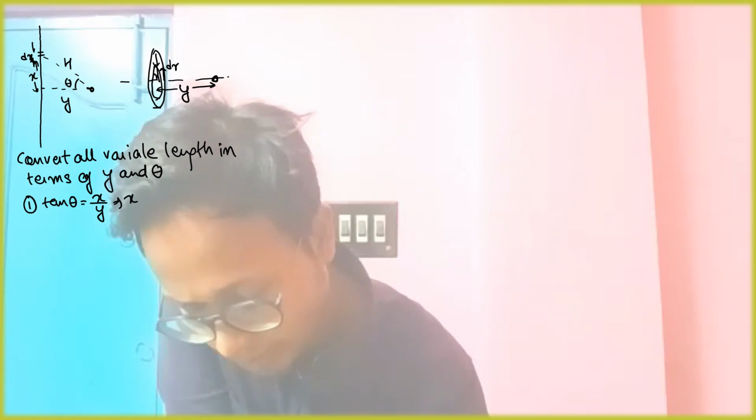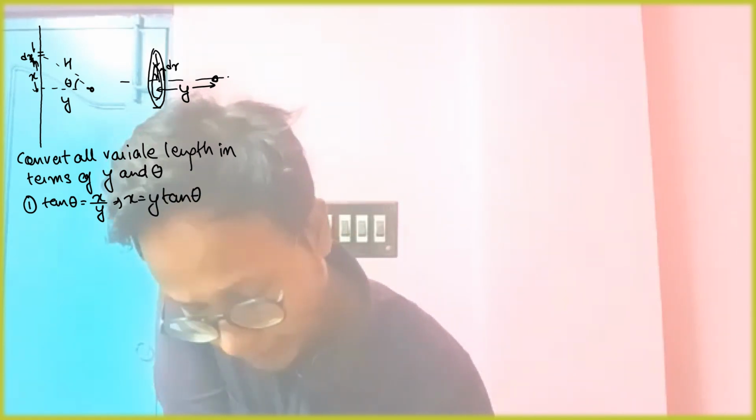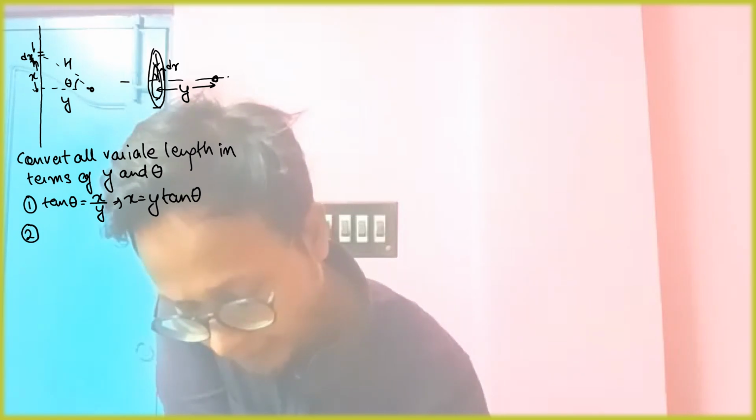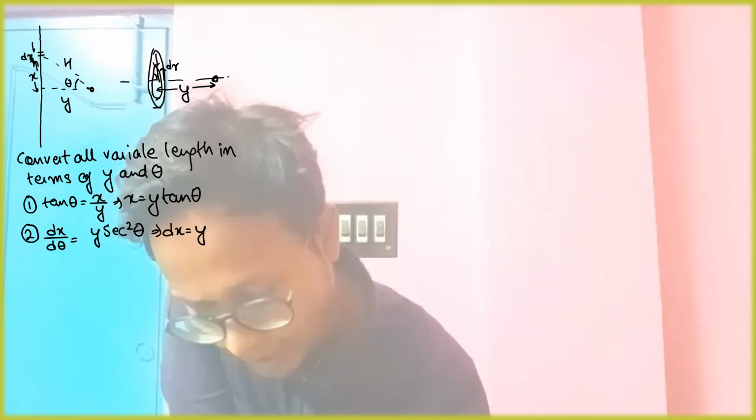So x is equal to y tan theta. You have already converted x. Now if I differentiate this, dx by d theta is nothing but y sec square theta, or dx is equal to y sec square theta into d theta.